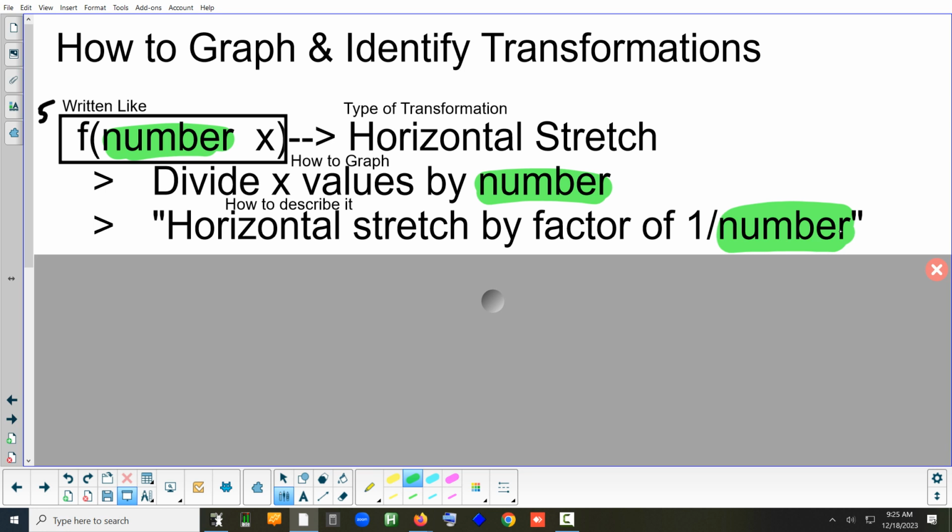This is a horizontal stretch by a factor of 1 divided by our number. So if the number was a 2, we would say horizontal stretch by a factor of a half. It's box number 5, right? That's row 5, yep.